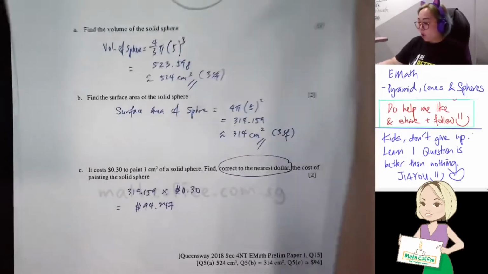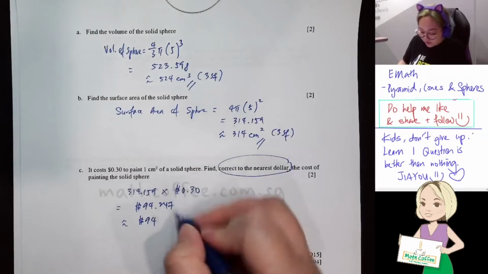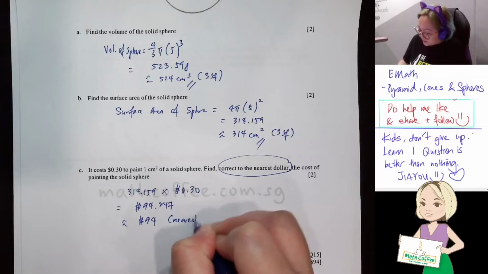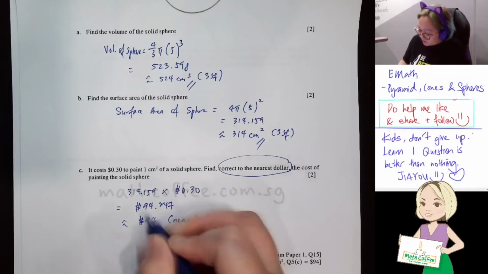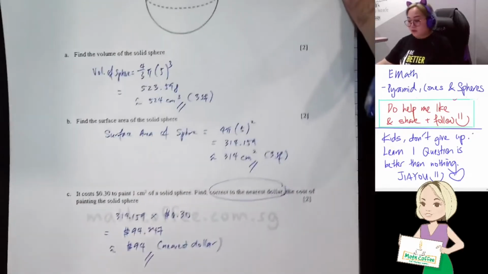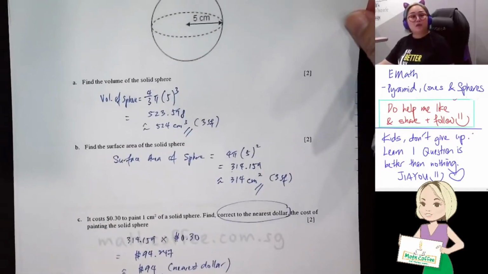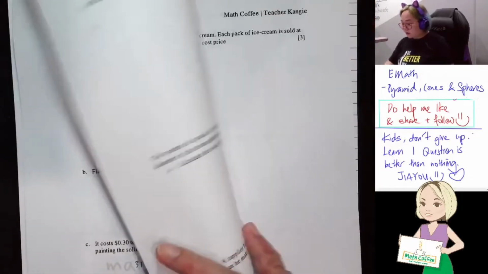So nearest whole number. So rounded off, it becomes $94. And then you can put a bracket here, this is nearest dollar. Done. So easy peasy. This one is just for question number 5.